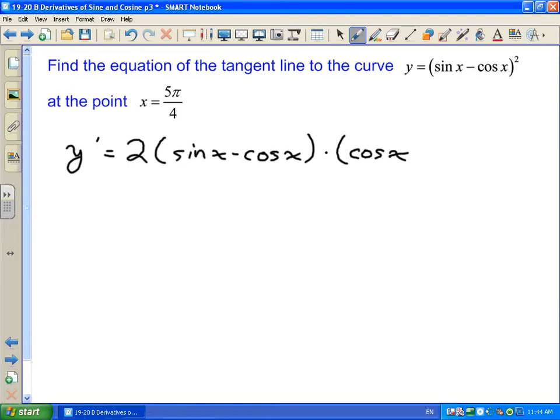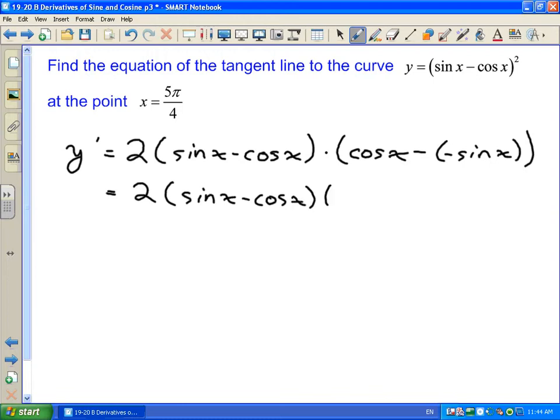For minus cos x, we subtract the derivative of cos x, which is minus sin x. So we get cos x plus sin x. So the derivative is 2 times (sin x minus cos x) times (cos x plus sin x).